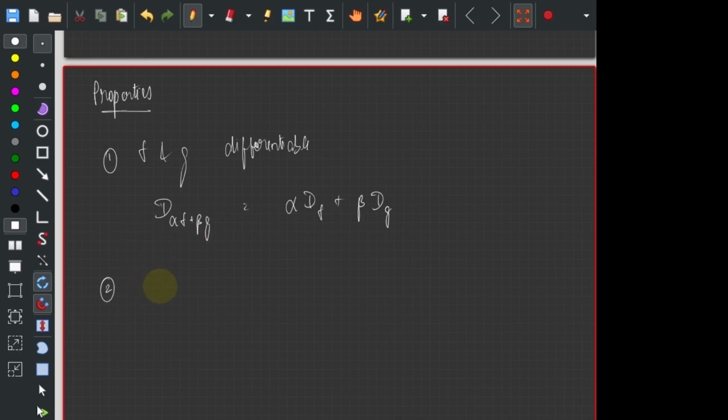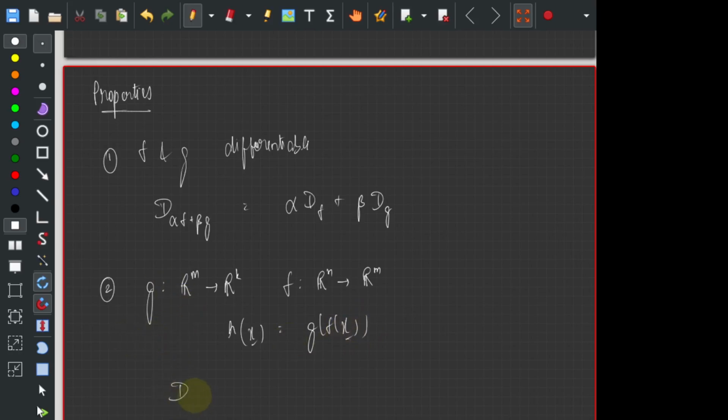Also, what is perhaps more interesting, more relevant for us, and equally useful is the following chain rule. Suppose I have a function g from R^m to R^k and f from R^n to R^m, and have h of x to be g of f of x.